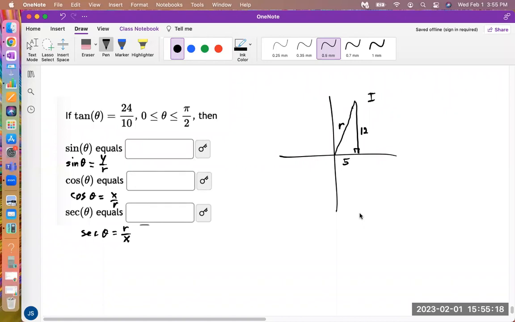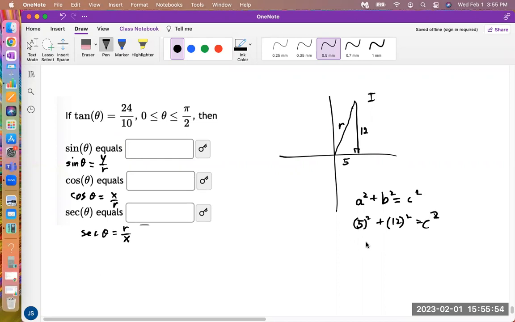So if you would have originally kept the 24 and 10 and done all your calculations, then your answers would have reduced to the same answers that I'm going to be getting right now. So this is just making things simpler. Okay, so I use the Pythagorean theorem to find the r. So that's a squared plus b squared equals c squared. I plug in for a the 5, and the b is 12, and then c.